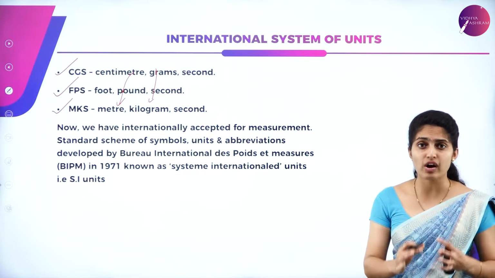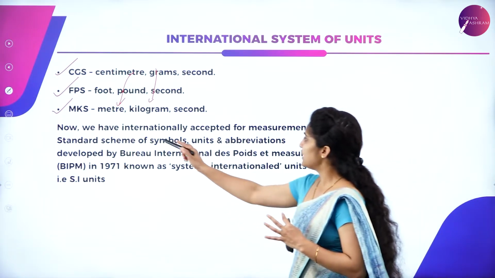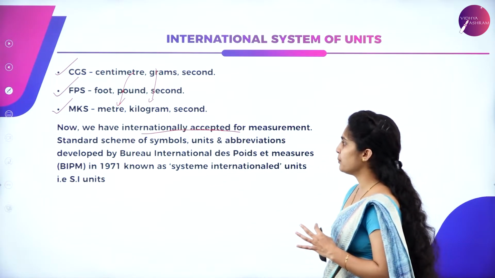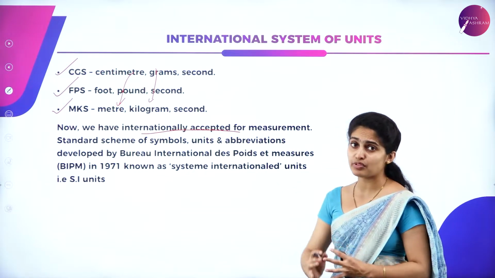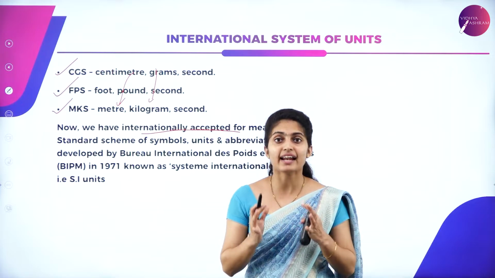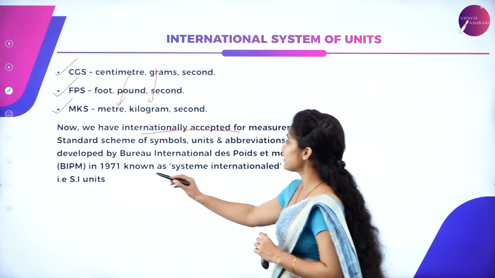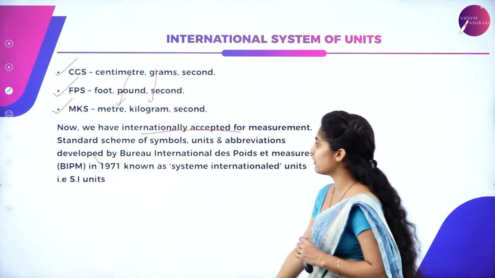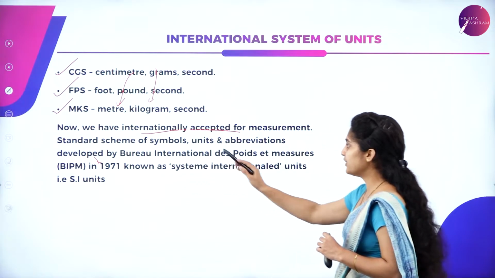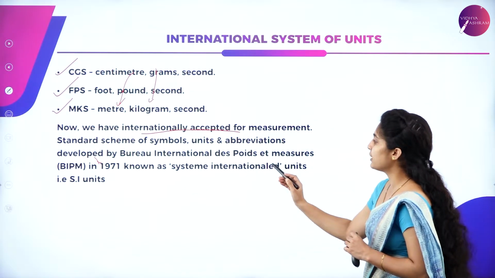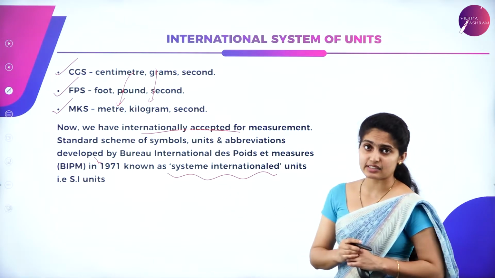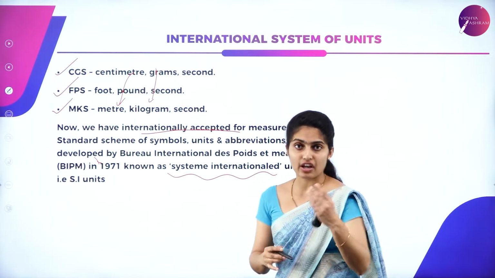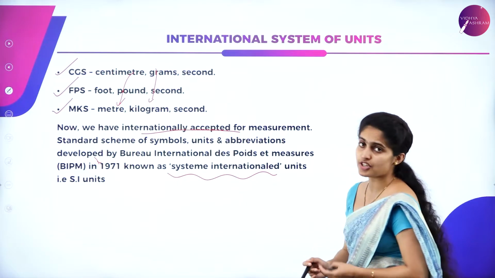Because of which it was considered internationally, and we accepted a standard scheme of symbols, units and abbreviations. It was developed in 1971 by the Bureau International des Poids et Mesures. From them, it was introduced that we will have to use the SI system or SI units hereafter, which stands for System International.